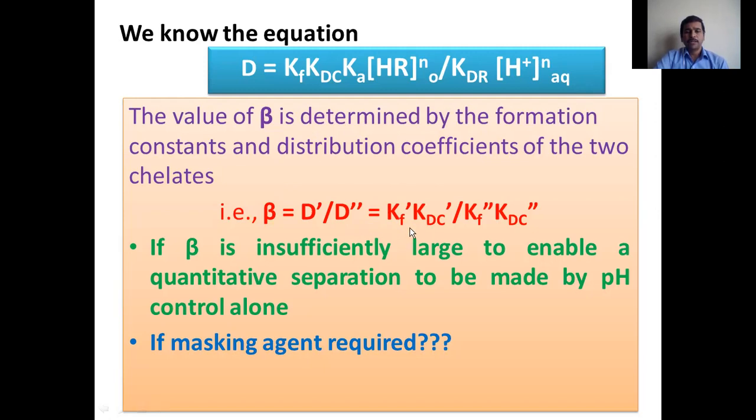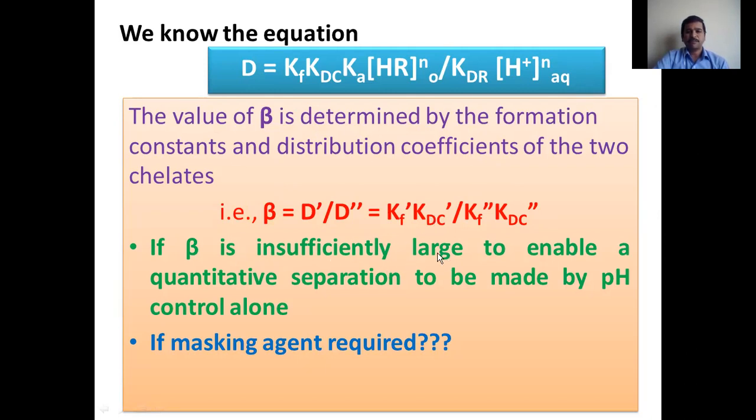That is also equal to Kf dash into Kdc dash divided by Kf double dash into Kdc double dash. D dash is equal to Kf dash into Kdc dash. D double dash is Kf double dash into Kdc double dash. We know this by our basic knowledge.